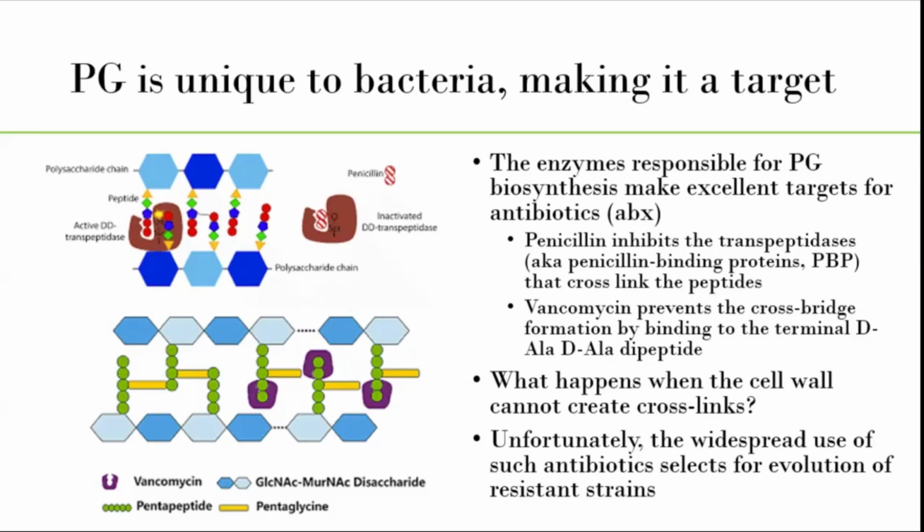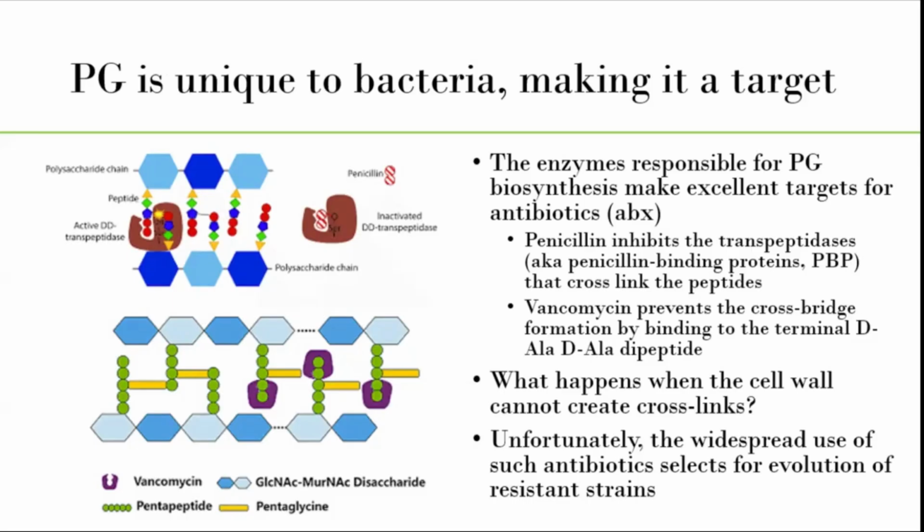The enzyme, the transpeptidase, the penicillin binding protein, is trying to make that cross bridge. But penicillin comes in and fits in the active site of that enzyme. What type of inhibition is that if it fits in the active site? Competitive inhibition, yes, because it's competing for the substrate in the active site.